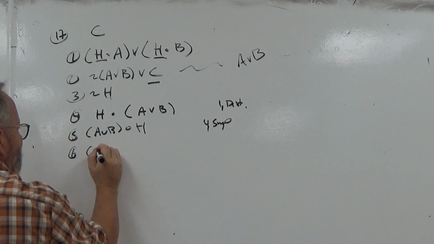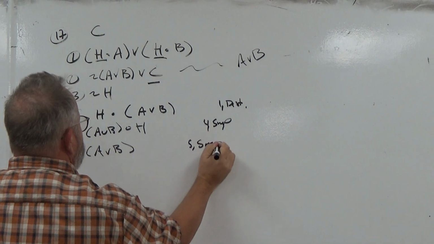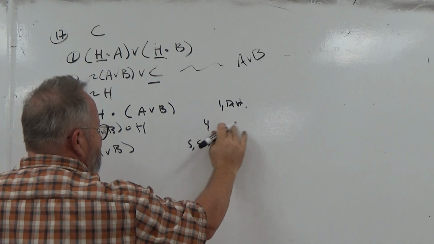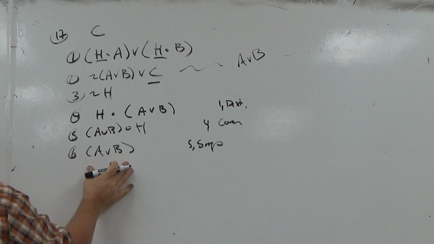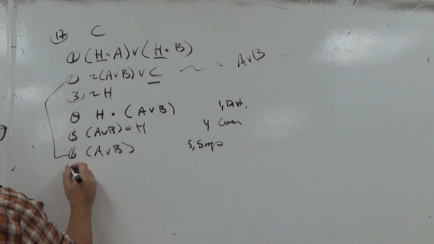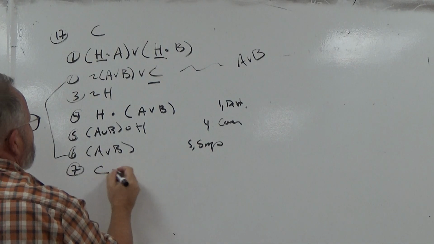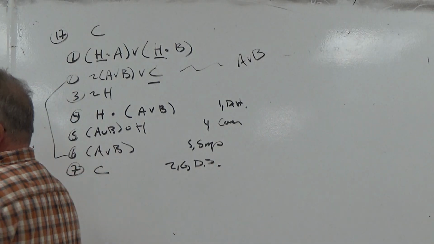Then I can say A or B from 5 by simplification. Oh, this is column. Why did I say simplification? Column, okay? So now I have this, and now look at 2 and 6. I can do a disjunctive syllogism, and I get C from 2, 6 dx.